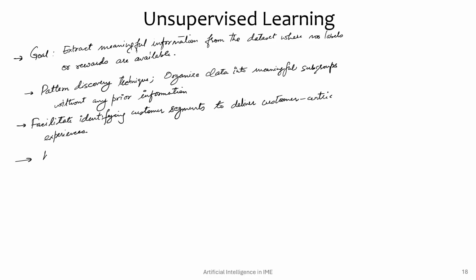Some examples could be the k-means algorithm, hierarchical unsupervised learning systems, principal component analysis, or autoencoders. Okay.